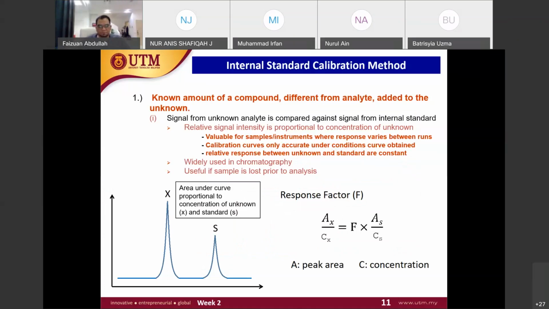Now the purpose of this internal standard calibration is to measure the concentration of the sample.